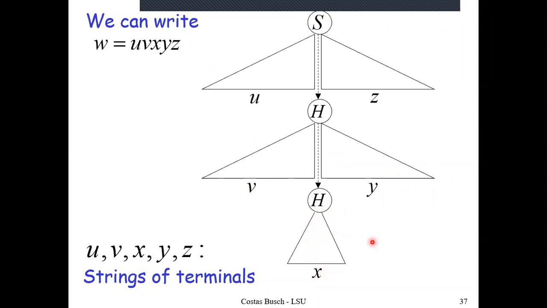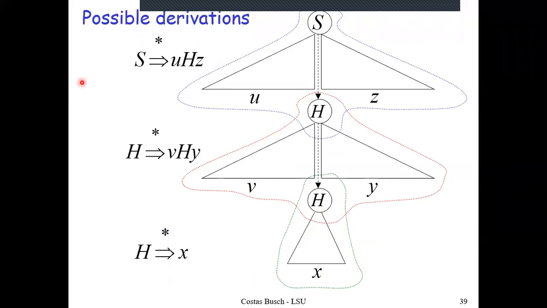Okay, so this is what I have explained to you guys earlier. And look at this thing. S yielding UHZ. So H is a variable. It is bound to be replaced till the time I have got all of the terminals with me.